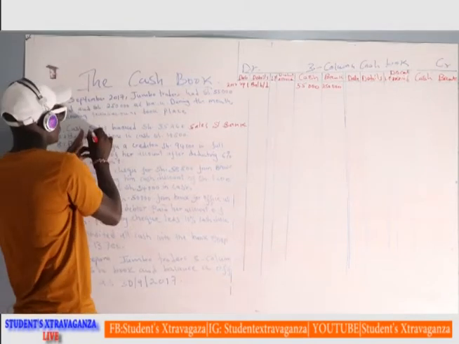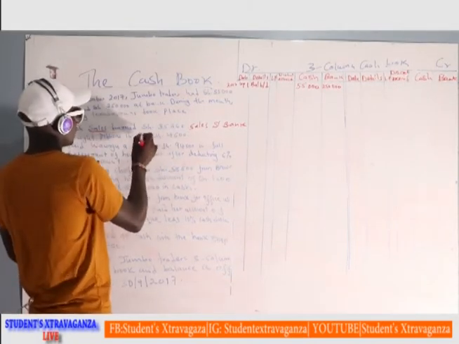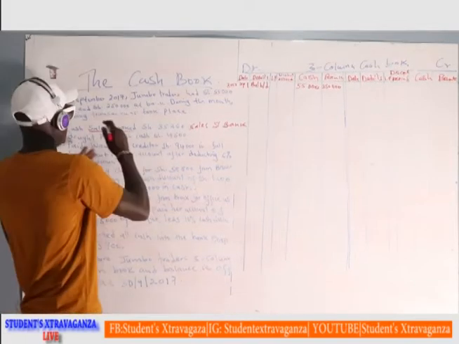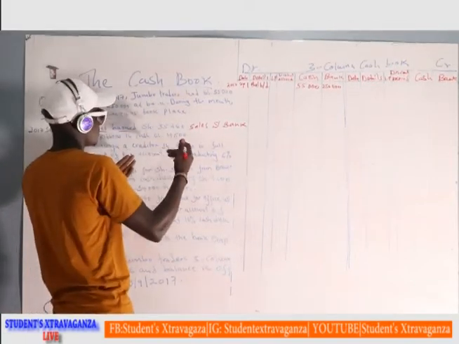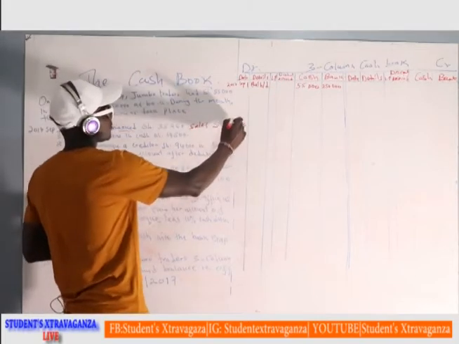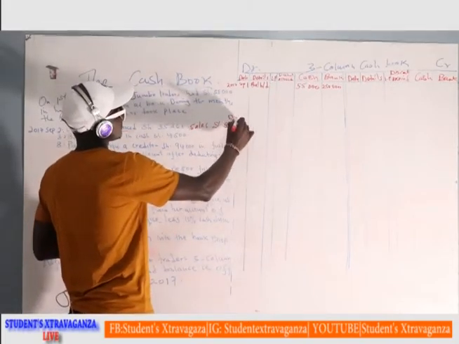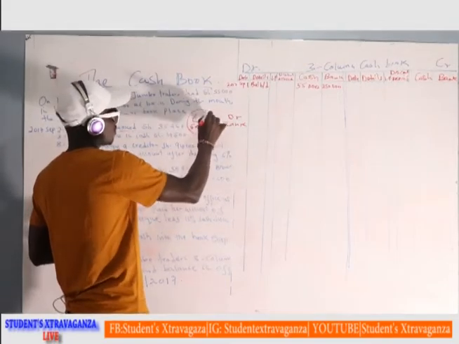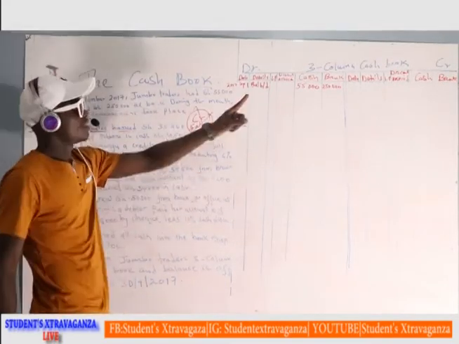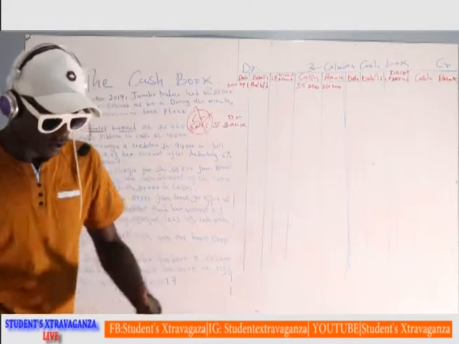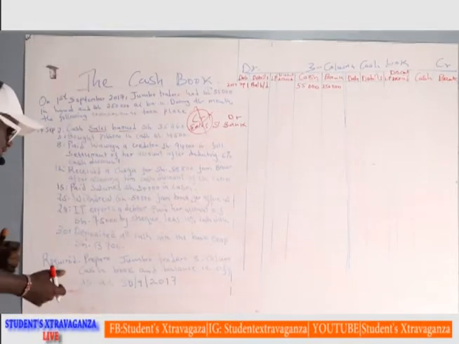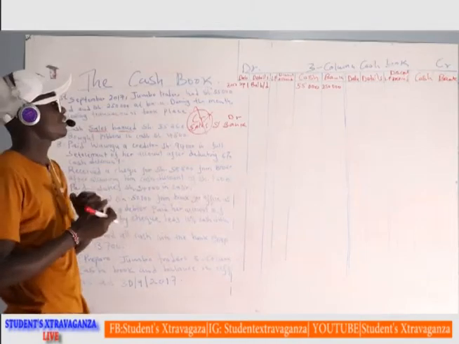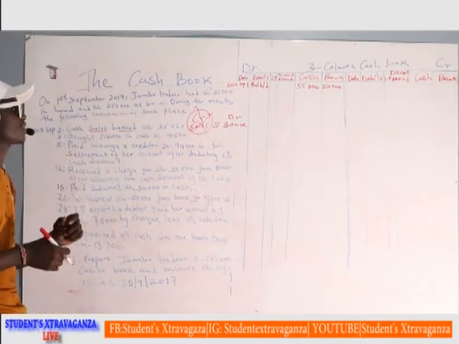So we have sales and bank. Cash sales banked 35,200. We are going to debit bank and credit sales. Sales, we are not going to record on a cash book, because the cash book is a special type of ledger whereby we record only cash and bank transactions, maybe discounts allowed in a 3-column cash book.